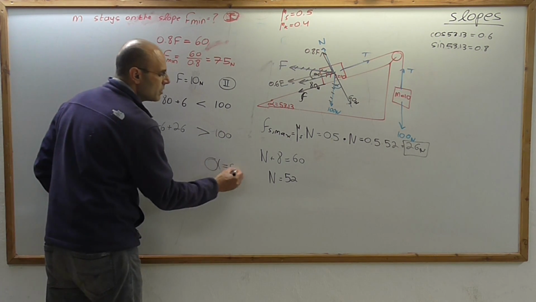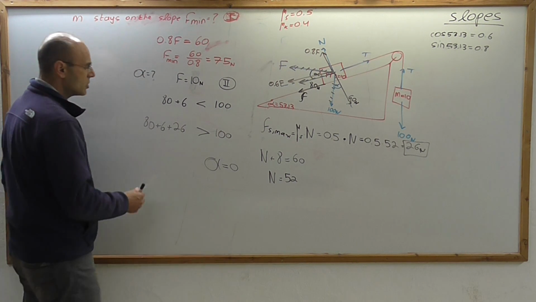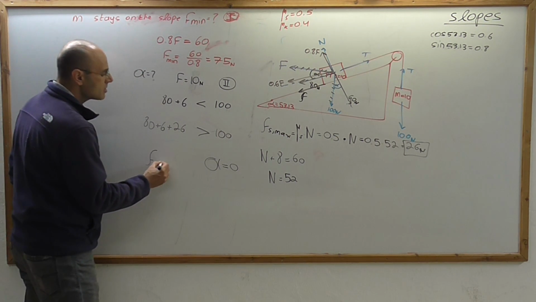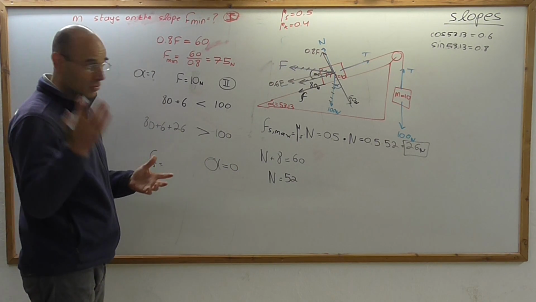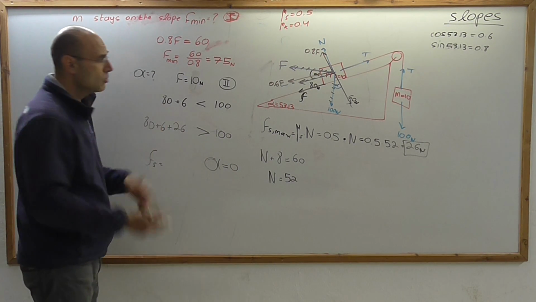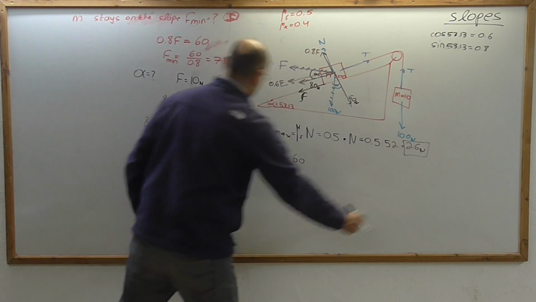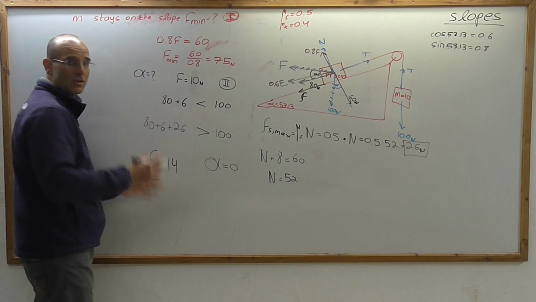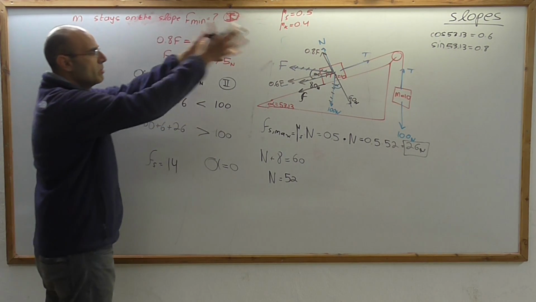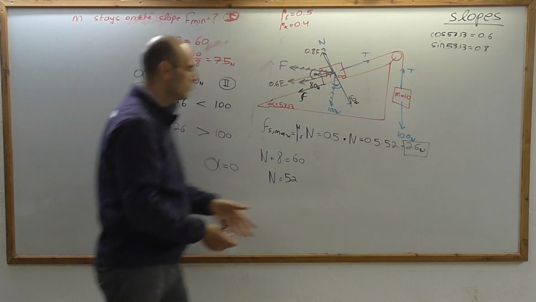It won't accelerate, zero acceleration, and the friction force must adjust itself in order for the system to apply the first law of Newton, because it doesn't move. So if I have 100 here and 86 here, the friction force must be 14 to adjust itself, so it will be 100 here and 100 there.